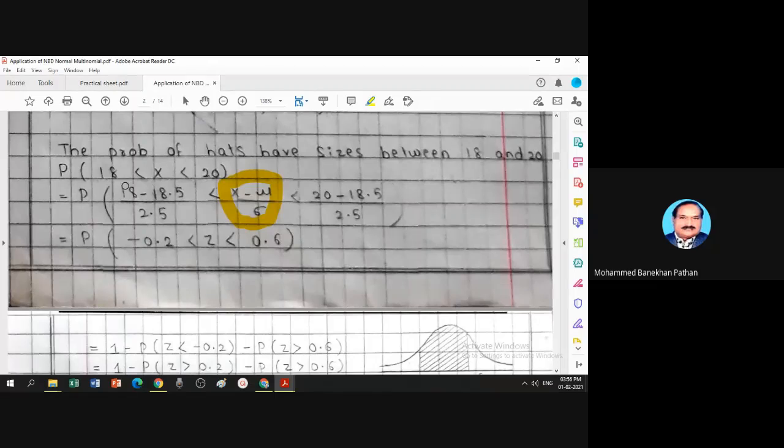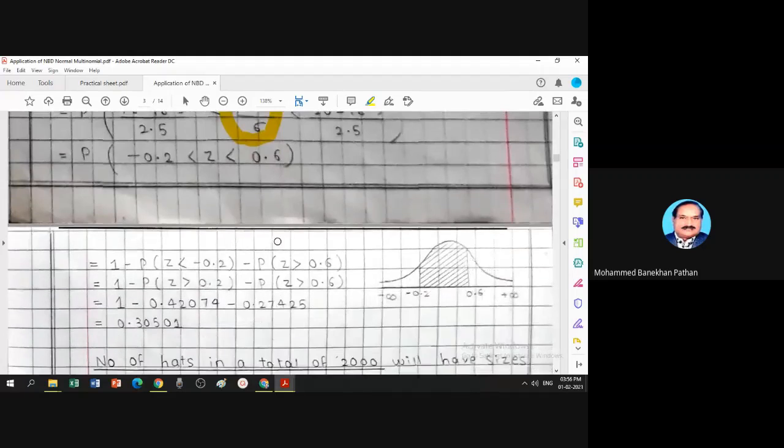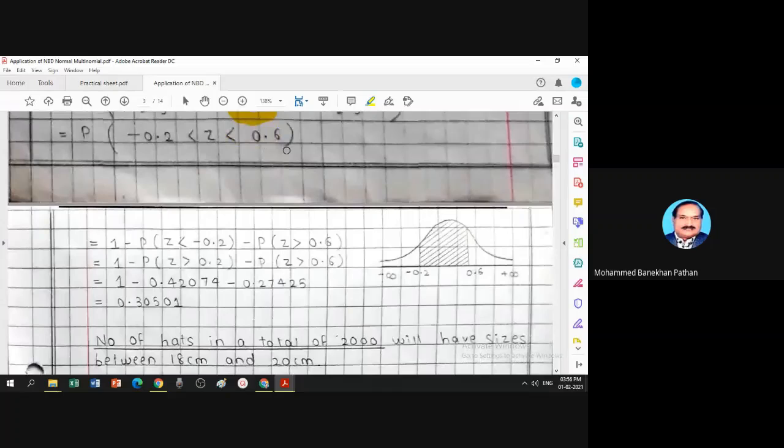By using a calculator, you can simplify this. So you get probability Z lies between minus 0.2 and 0.6. See how we represent this in a graph. This is your symmetric curve of standard normal.